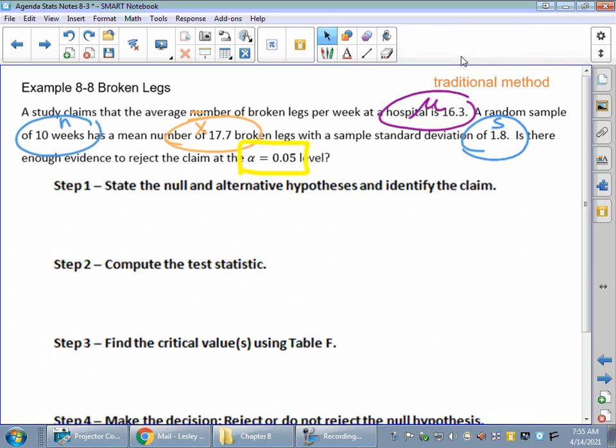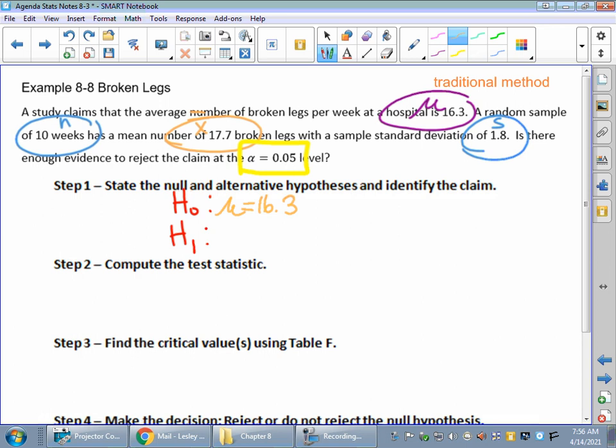So everything we need to know, hopefully by identifying the mu right at the beginning, we know what our H sub 0 and H sub 1 are. So H sub 0, remember, write out the whole thing. H sub 0, we're saying that mu equals 16.3 because our null hypothesis is always an equality.